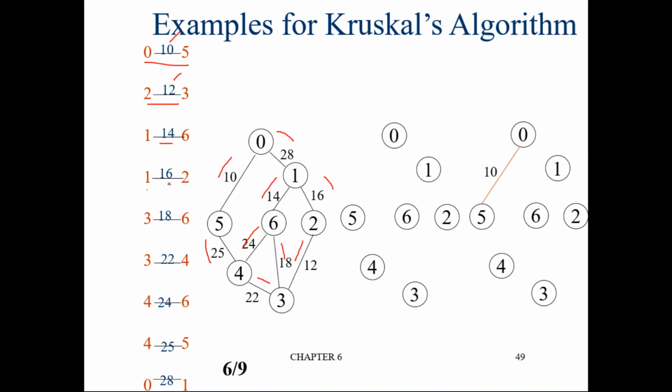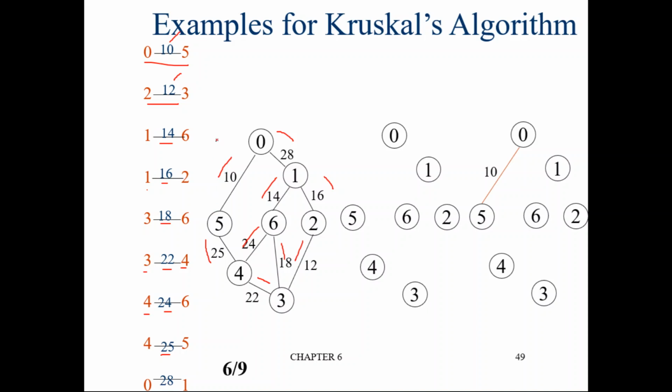Next is 16, between 1 and 2. Next is 18, between 3 and 6. Next is 22, between 3 and 4. Next is 24, between 4 and 6. Next is 25, between 4 and 5. Next is 28, between 0 and 1.